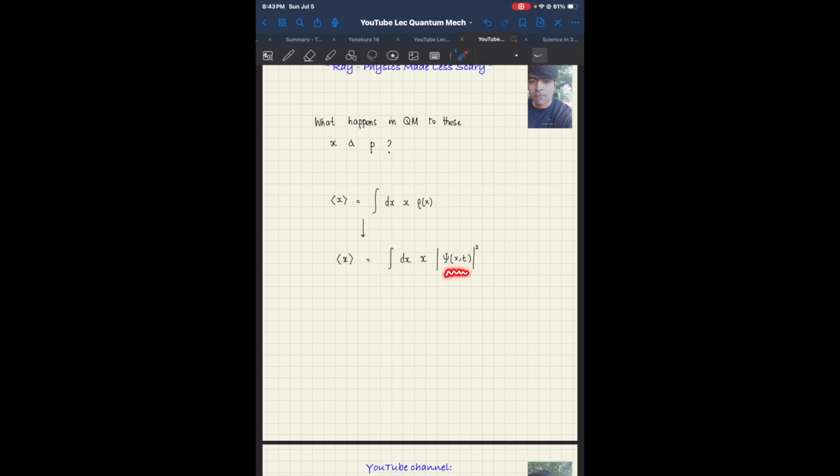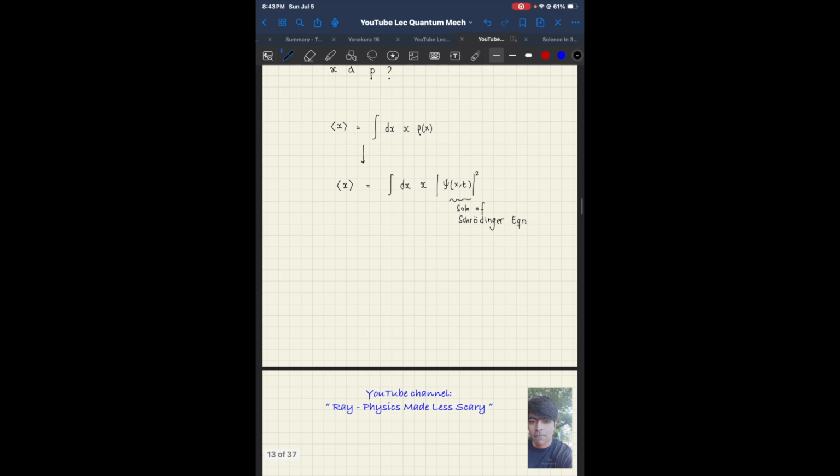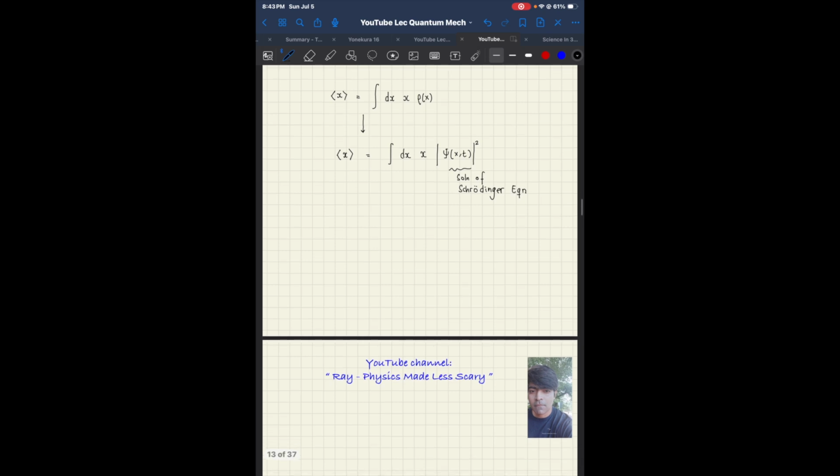This wave function was a solution of your Schrodinger equation. So that's where the Schrodinger equation fit in this formalism.